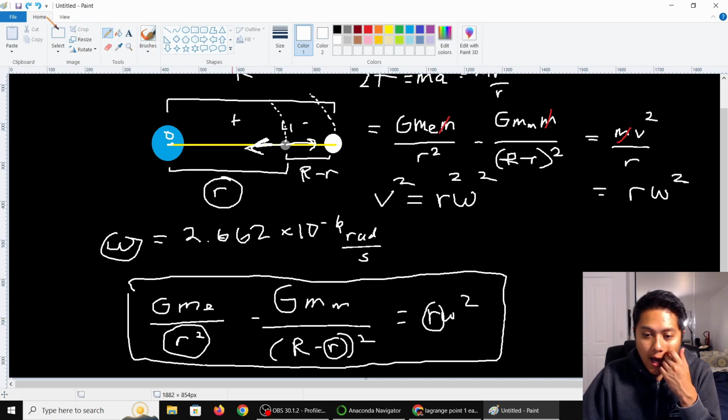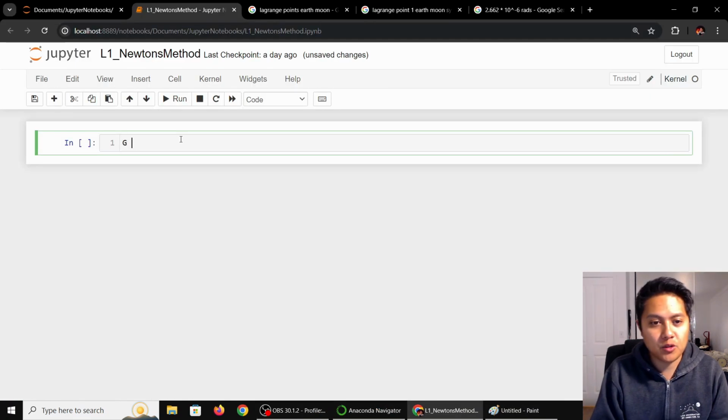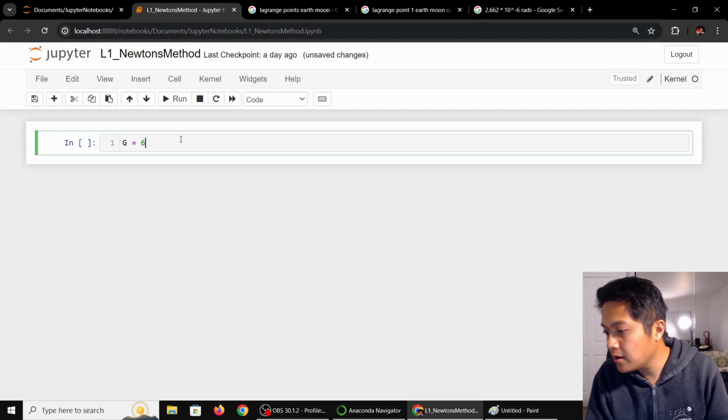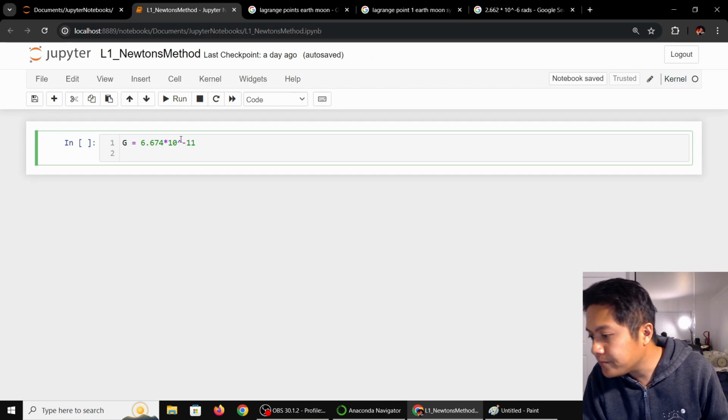Okay, so how am I going to do that? Well, I do need to do a couple of things here. I need to define a function that I can use Newton's method for. First off, let's just write down some constants that we know. So let's get Newton's constant in here: 6.674 times 10 to the minus 11.